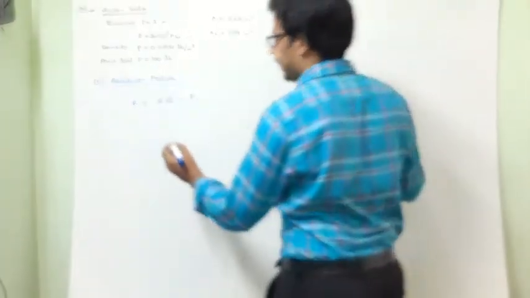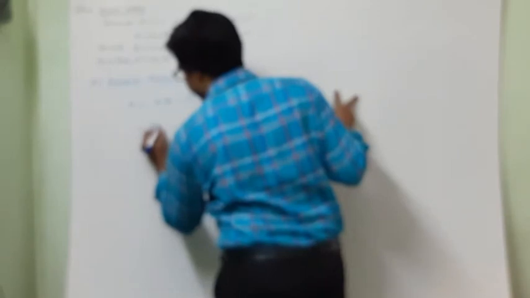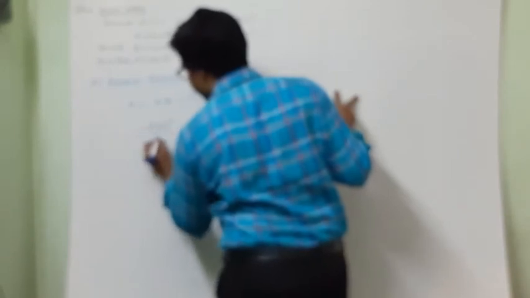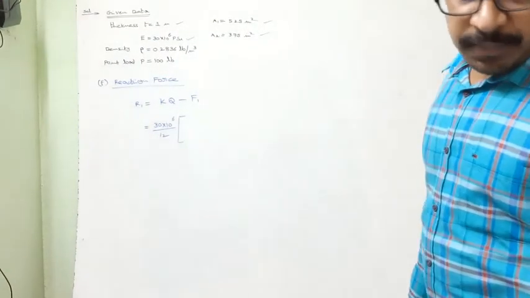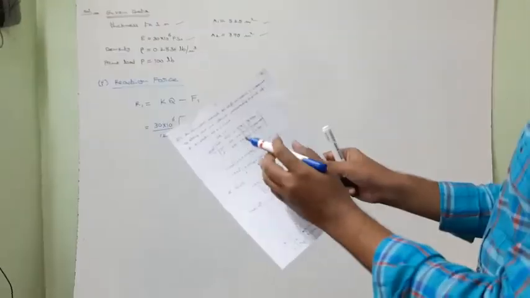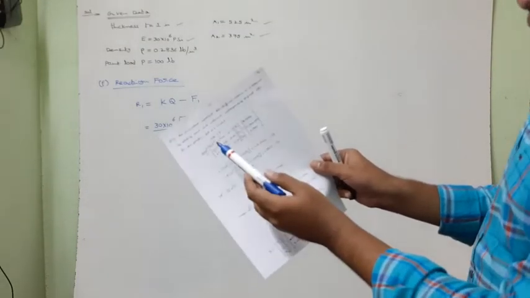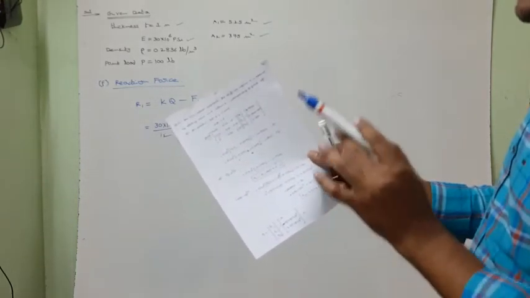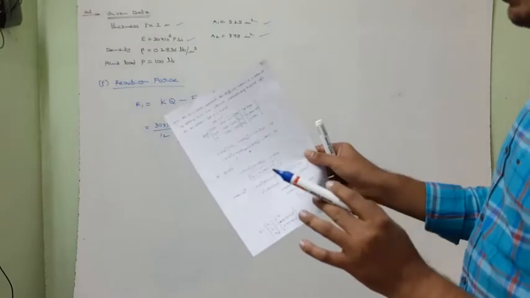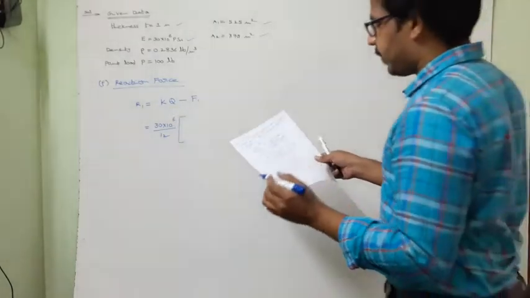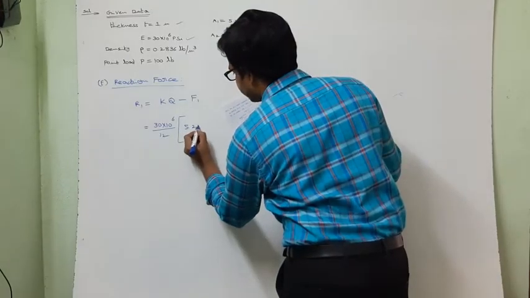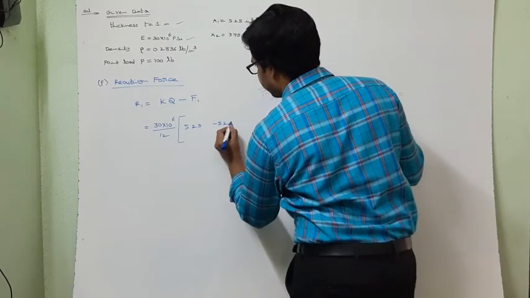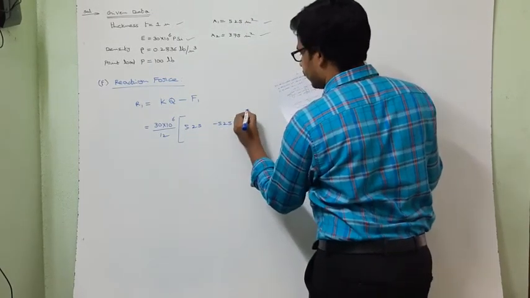So here K is equal to 30 into 10 power 6 whole divided by 12 into, so first row first column means 5.25. So we already eliminated in the D bit the elimination approach. So here first row first column is eliminated. So here we need to calculate reaction force at fixed ends. That means first row value. So here 5.25 and minus 5.25 and 0.